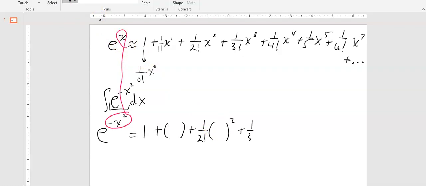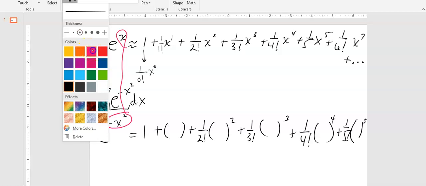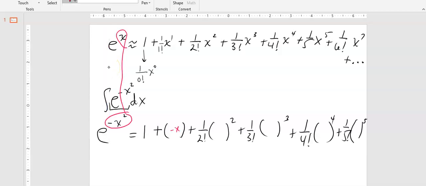And then likewise here, instead of x cubed, likewise here, instead of x to the 4th. I'm going to run out of room here, but I hope you see that this would continue as a factorial. For all of those things, we're going to replace those x's with negative x squared.